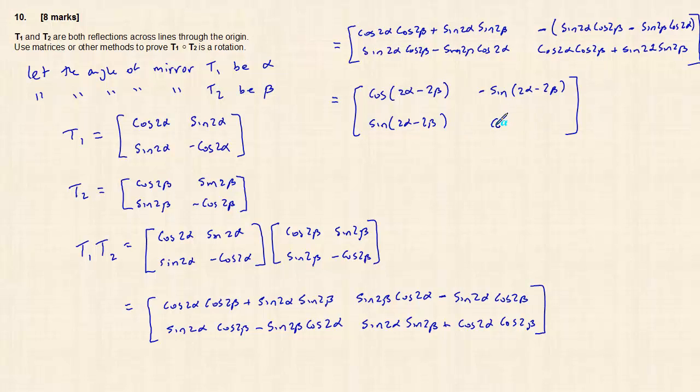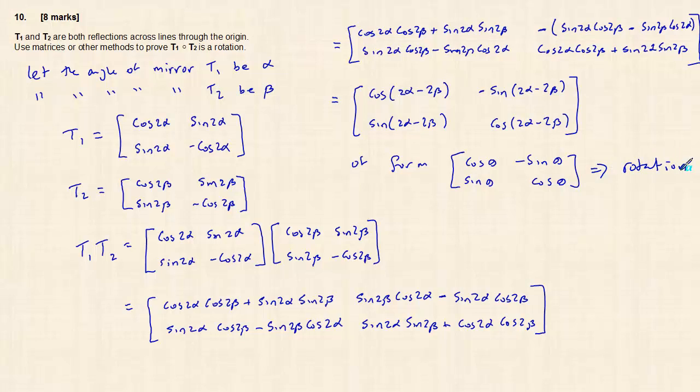And then this one is cos of 2 alpha take 2 beta, which is of the form cos theta, negative sine theta, sine theta, cos theta, which means it's a rotation, and the angle of the rotation is going to be 2 alpha take away 2 beta.